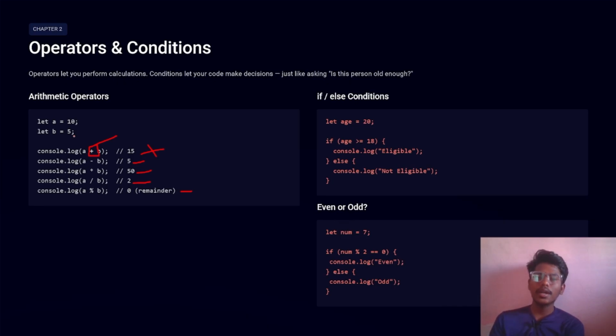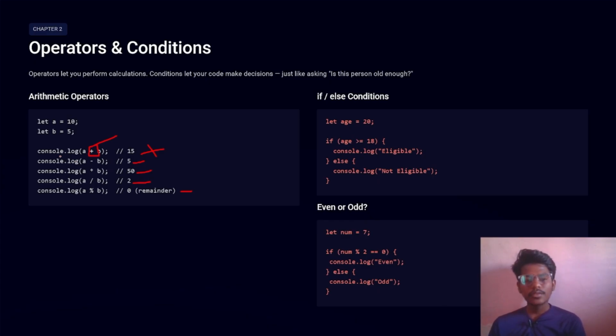You need to add the data to the variables, and if the data is there in the variable names, then we can directly perform the operations. Here, the addition operator is used. The plus is the addition operator, minus is the subtraction operator, and this is the multiplication operator, this is the division operator, and this is the modulus operator.